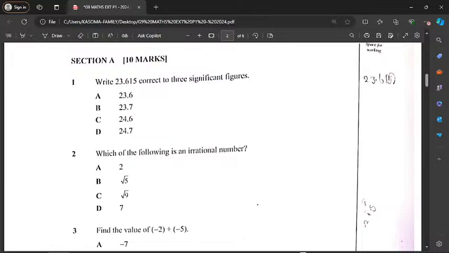Write 23.165 correct to 3 significant figures. Write 23.615 correct to 3 significant figures.